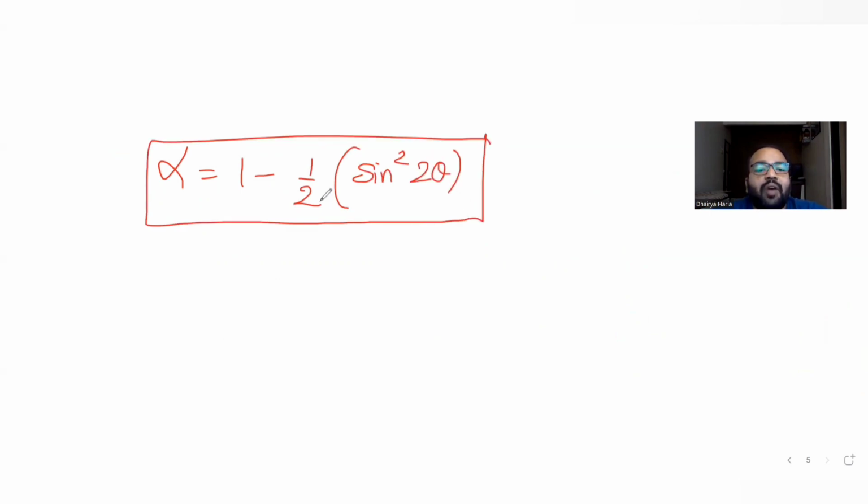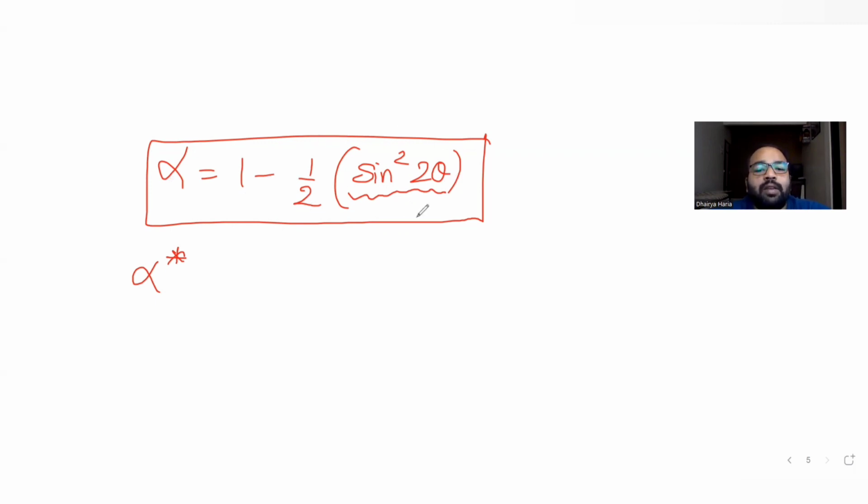So this is the value of alpha which we get, but we need to find the value of minimum alpha, or I should say alpha star. So alpha star is nothing but the minimum value of alpha, means I need to put the value of some angle theta here so that I get the minimum value of alpha. Now if you see here, it is 1 minus some function, right?